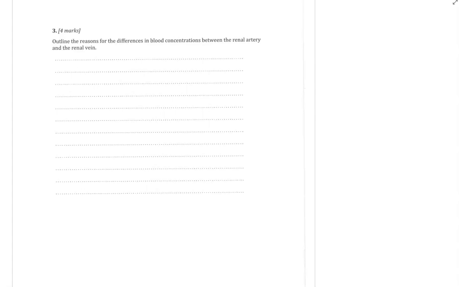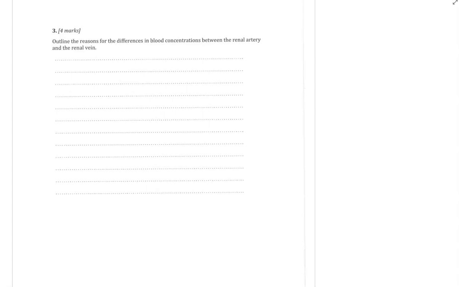So what are you looking for? So that the urea products are going to be lower in the vein due to excretion following the ultrafiltration. Oxygen is lower in the vein due to cell respiration. Carbon dioxide is higher in the vein due to cell respiration.